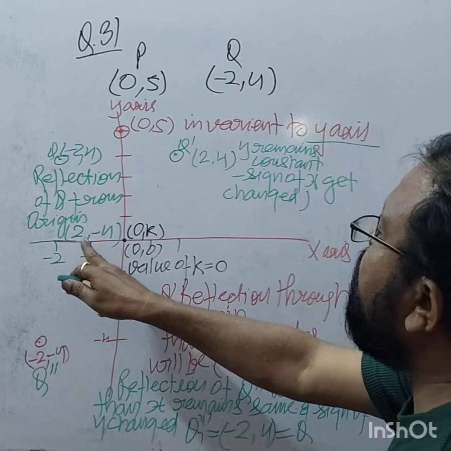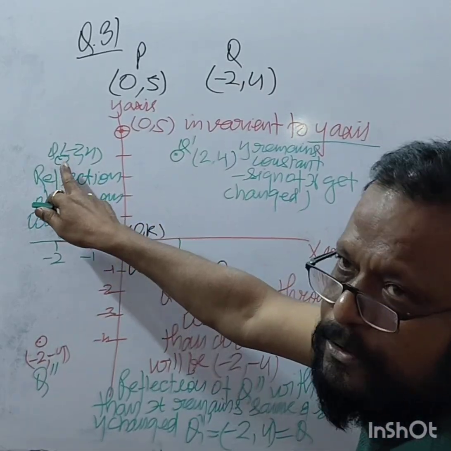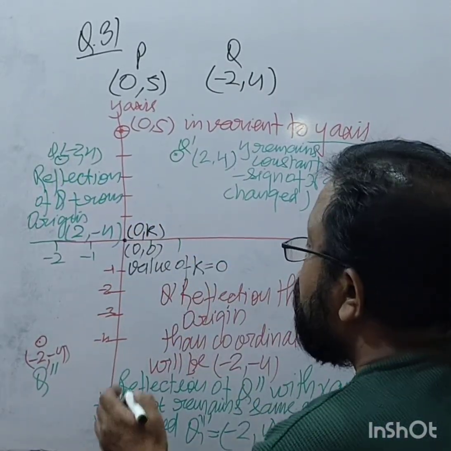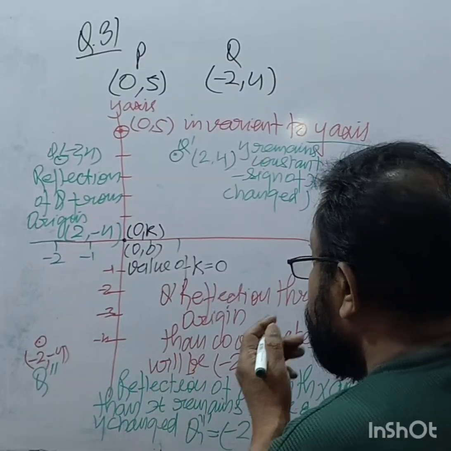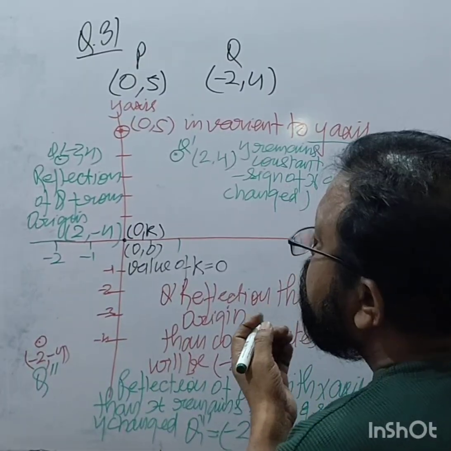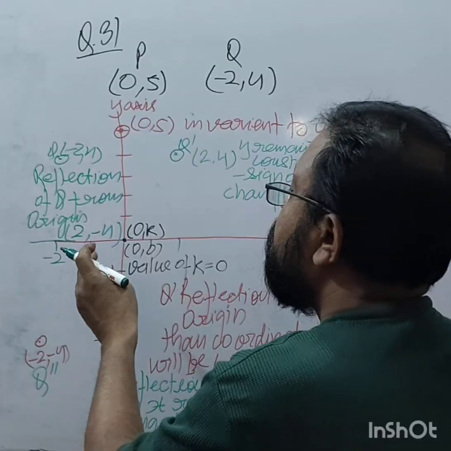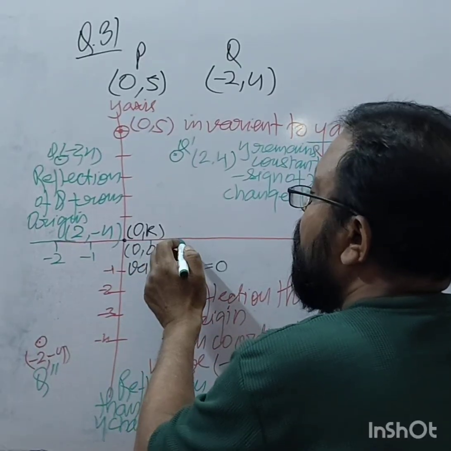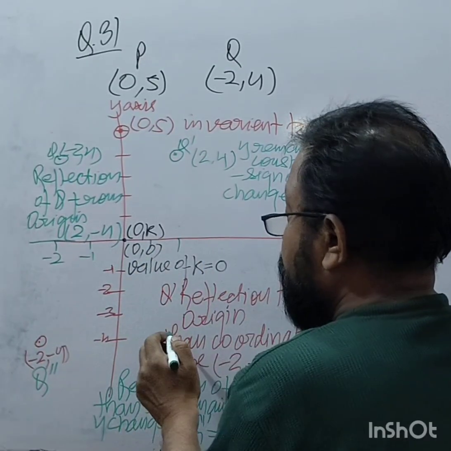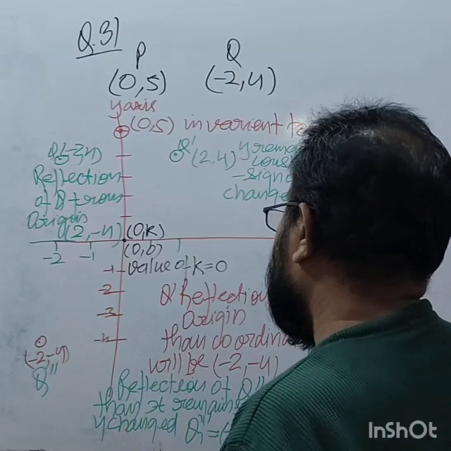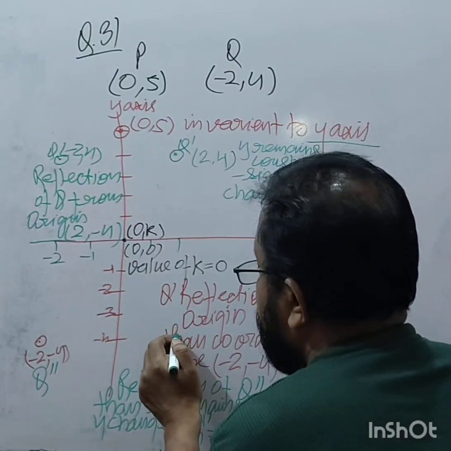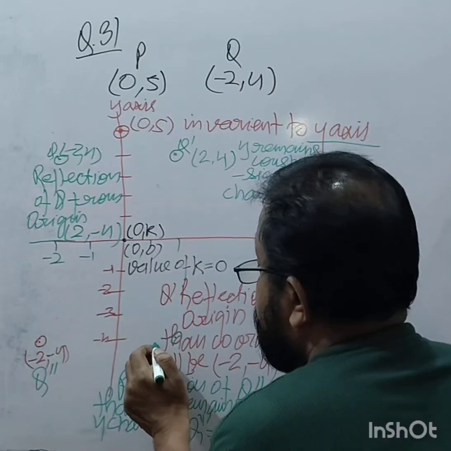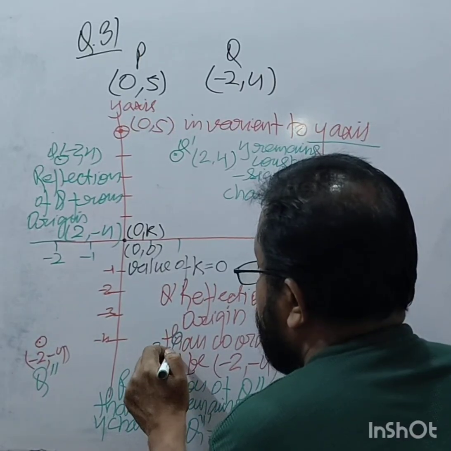This is minus 2 comma 4. So it turns out to be 2 comma minus 4. It will be here. Right? This is 2 comma minus 4.